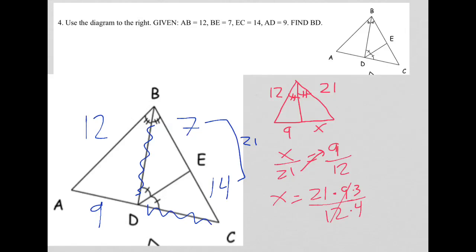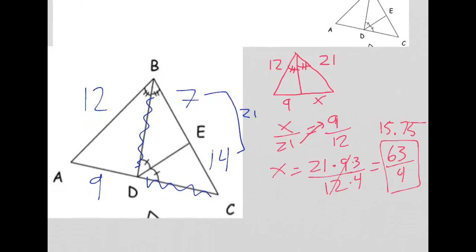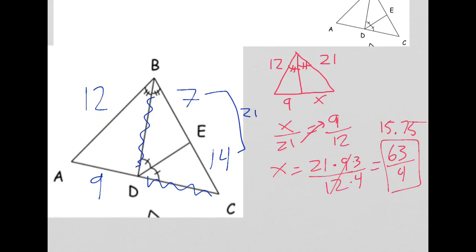And now 21 times 3 is 63, and we have a 4 in the denominator. And it will not get any simpler than that. If you multiply it out, you should get 15.75.